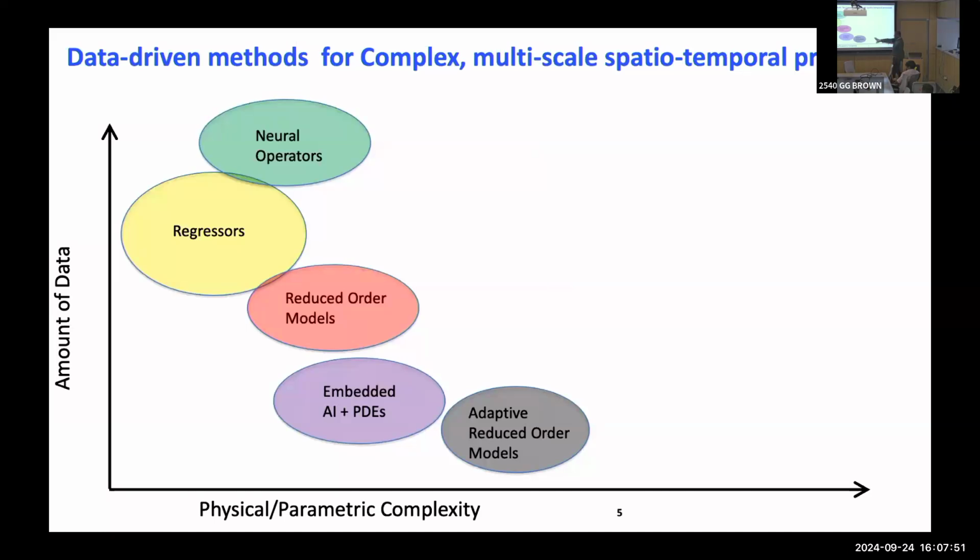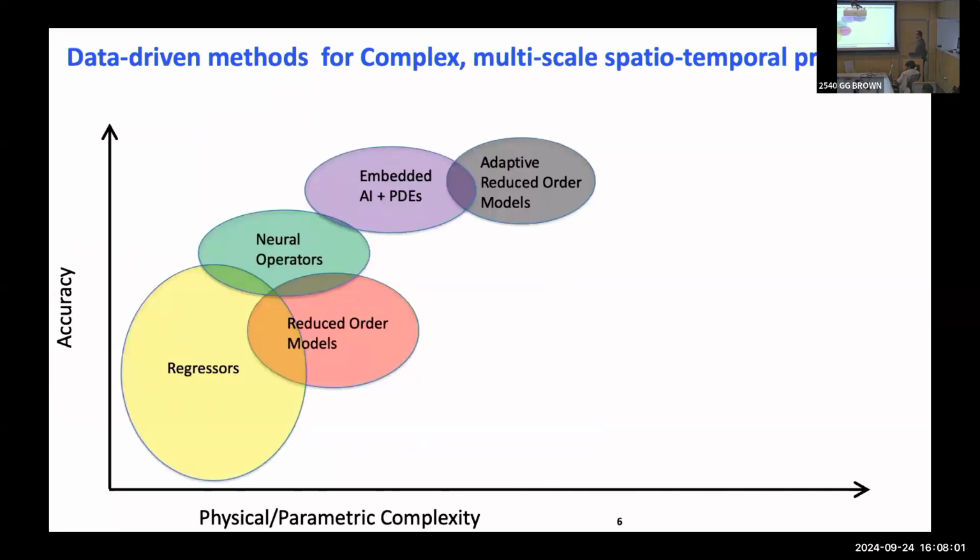And then we have adaptive reduced order models, which we're going to talk about here. So adaptive reduced order models tend to work with very less data, as I'll show you. And potentially, they can be very accurate in very complex physical and parametric regimes.